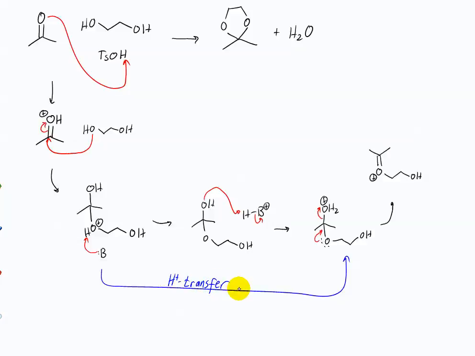You'll see this in some books, where rather than saying I take this hydrogen off this thing and then put it on over here, we simply acknowledge that those things are happening, but we write it in one step. The reason it's done that way is this is closer to what's actually going on. You can't show the hydrogen simply jumping from here up to here. It's not going to do that.